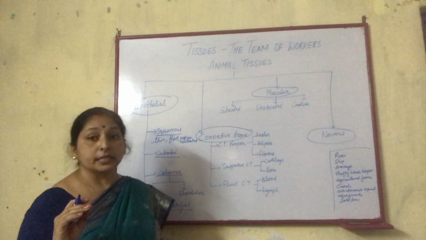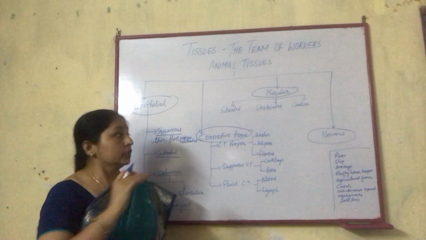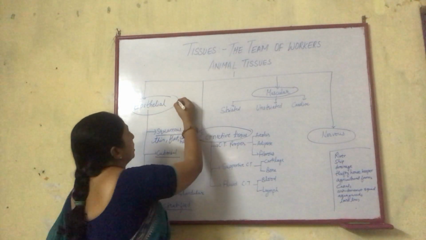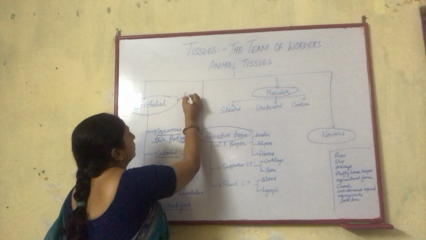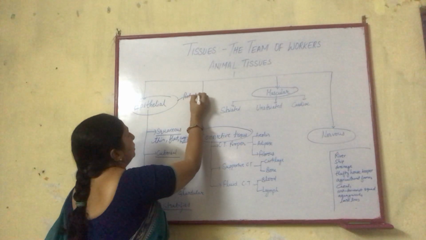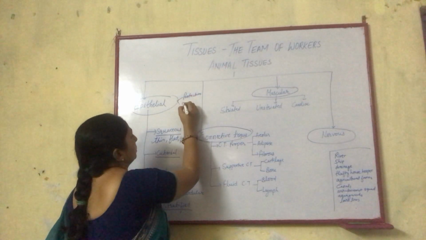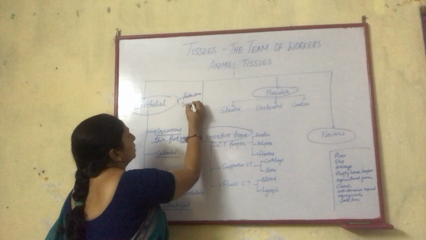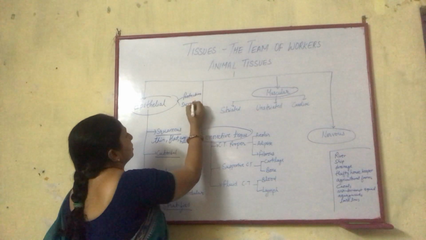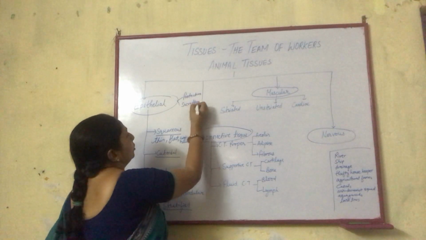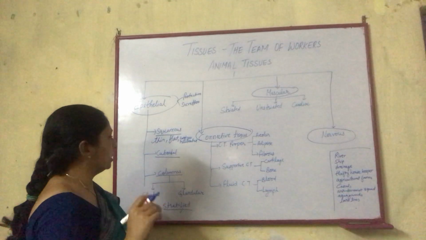Squamous cells are basically concerned with covering. The function of epithelial tissue is protection and secretion. The protective function is by the squamous cells.